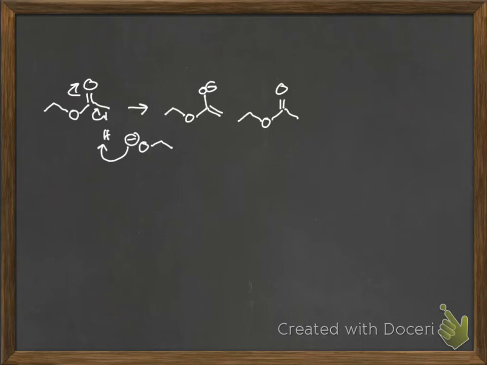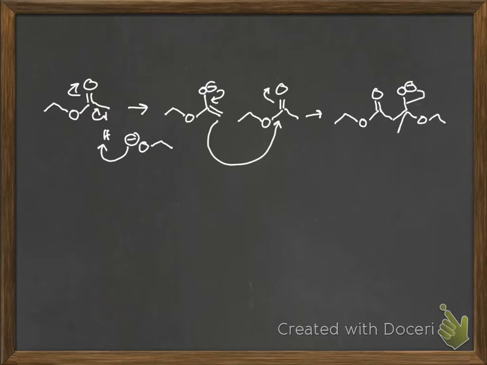There is the other ethyl acetate, nucleophilic attack, open up the pi bond. So we're here. O minus. And that extra methyl group. This is where it being an ester comes into play. Reform the carbon-oxygen pi bond, knock off the ethoxide group there, and you are here.